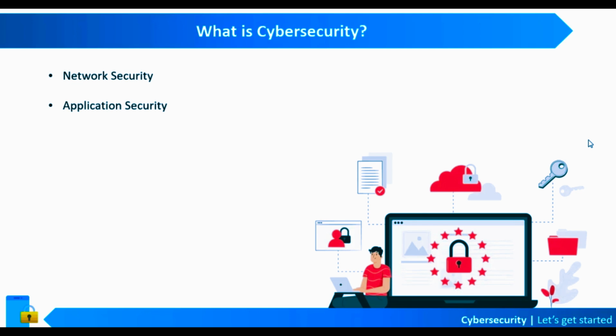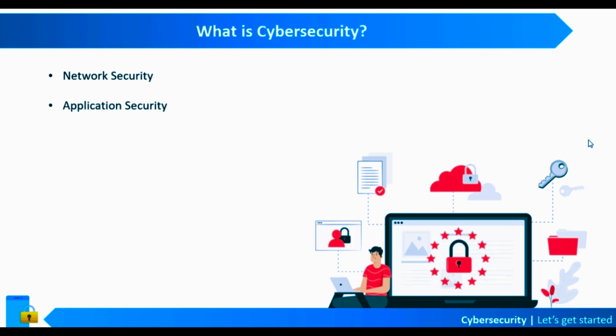Next is application security. Now many people, including us, use different applications. You use mobile applications, you use different apps, whether it is Mac or iOS or Android, whether it is a Windows application or a device. So every application also needs to be secured.